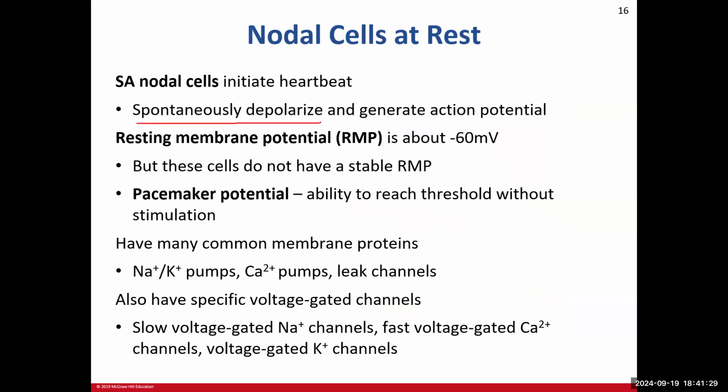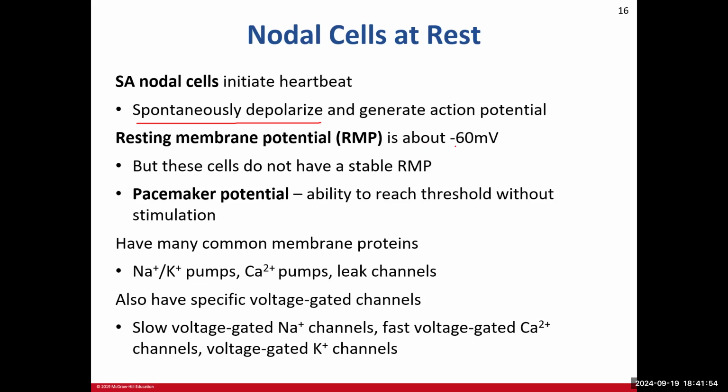What does spontaneously mean? Yeah, it doesn't need any help. It just does it. Okay? It just keeps depolarizing. That's what it does. So that means if it's going to constantly depolarize, what follows depolarization here? Well, I know I said muscle contraction, but an action potential gets generated. That's the whole point of depolarization. We're going to create a nerve signal. And that's what these cells do.